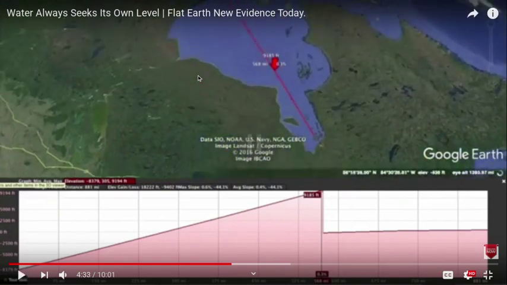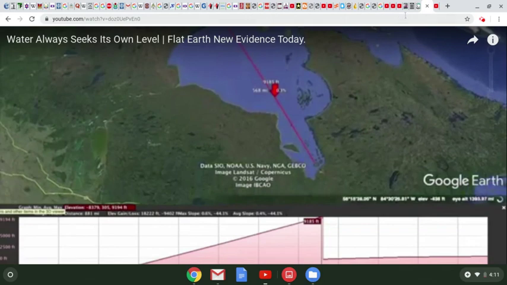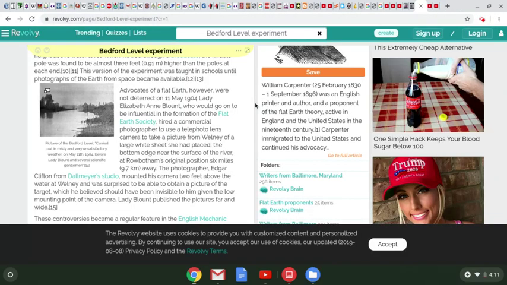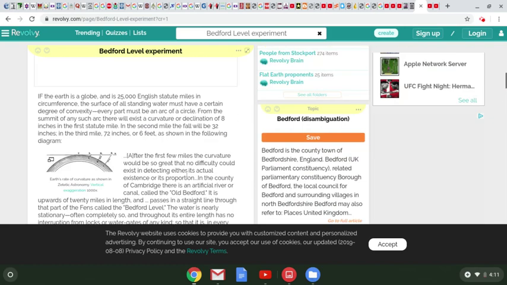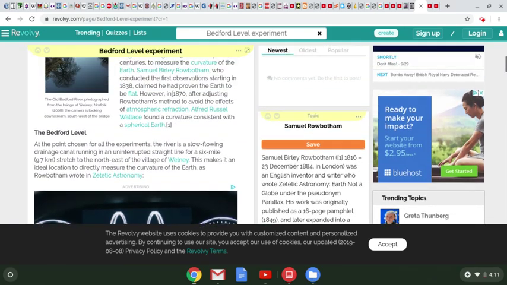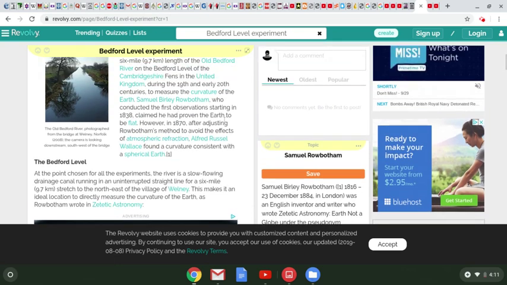Rowbotham, Zetetic Astronomy. Remember what they just said, right? Hold up, we just read it in a separate source, how they tried to disprove this whole thing. What did they say? However, in 1870, so first, he claimed he had proven the earth is flat in 1838.